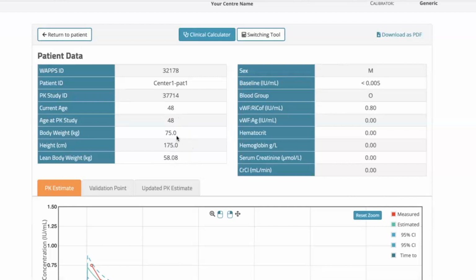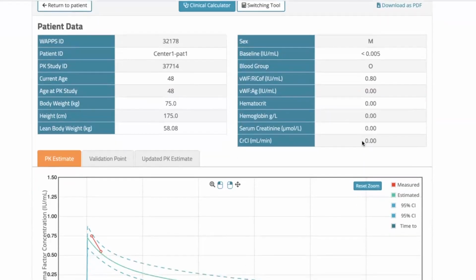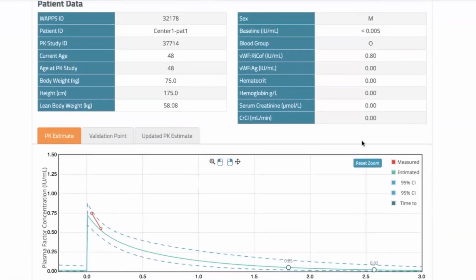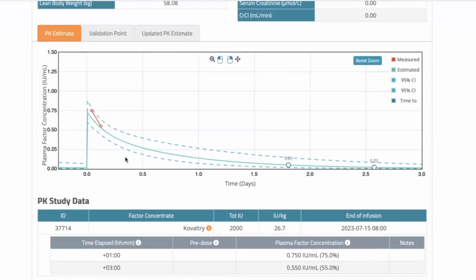So if you give 50 times 75 to this patient, you will get 1 point something. If you give 50 units per kg times 58, you will get 1, or 100%. And then other covariates. So this is just to make sure we know exactly who this patient is and their characteristics.